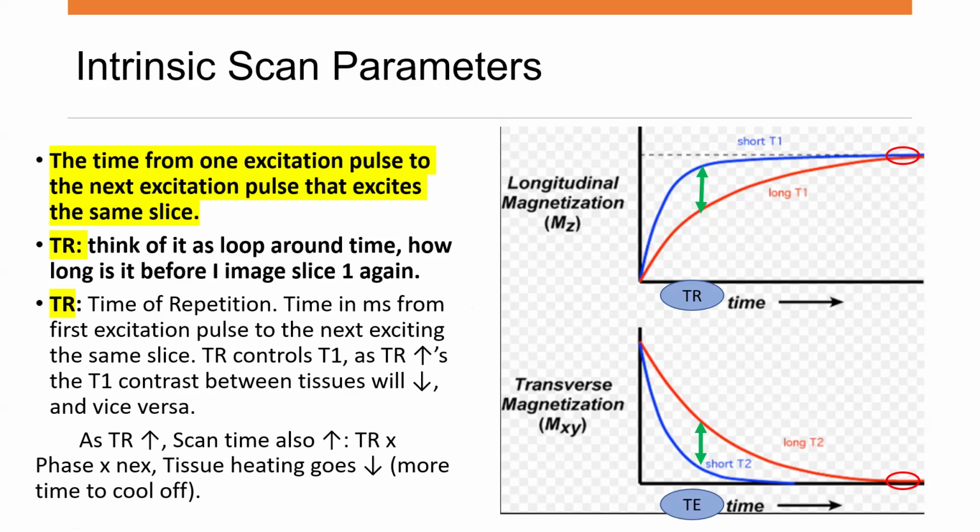So know your definition of TR, know your trade-offs. They'll ask you a question like this: all factors remaining the same, if you increase your TR, what will happen to the blank and the blank? They like these twofers. So if you increase your TR, look at your answers.